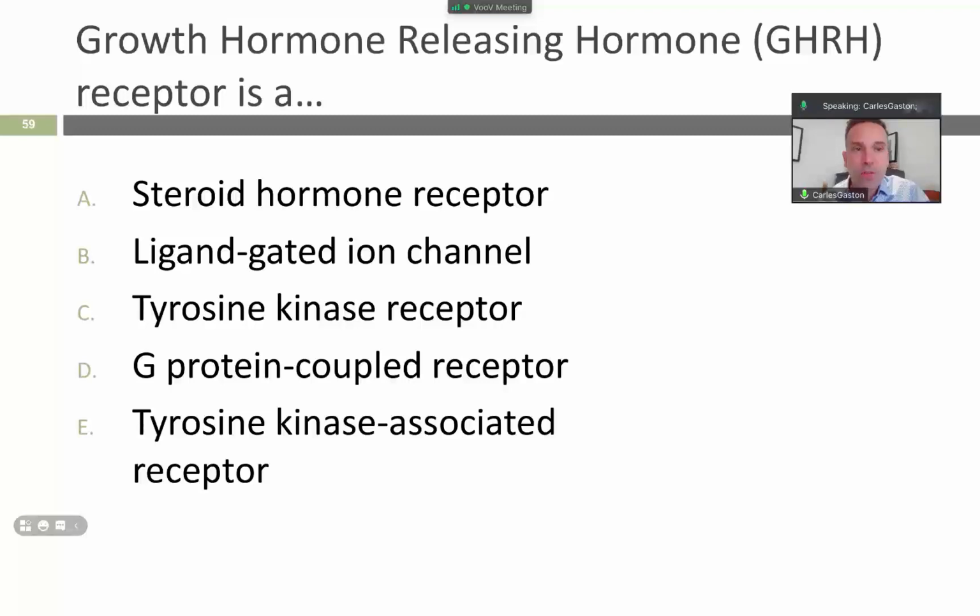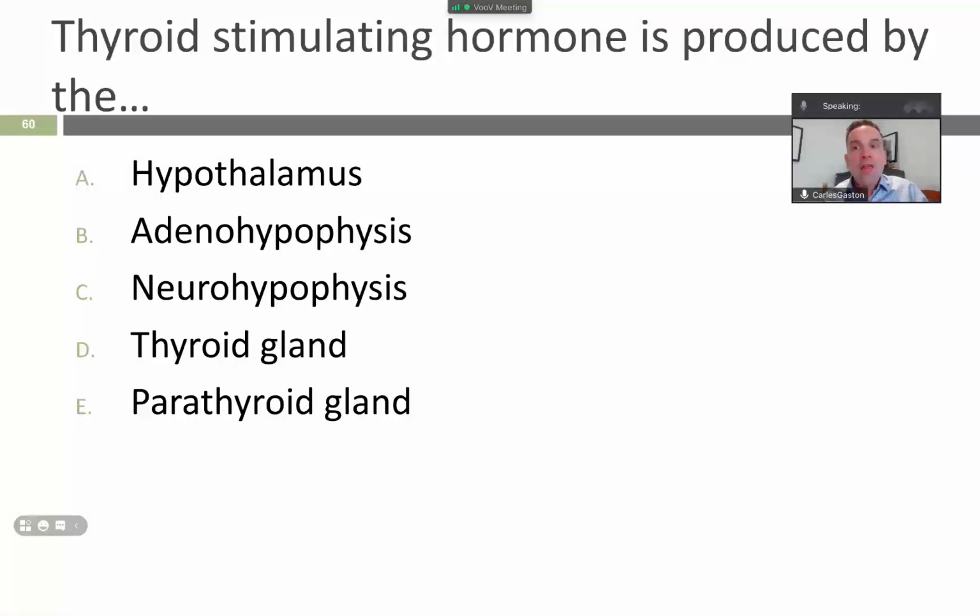Growth hormone releasing hormone receptor is a steroid hormone receptor, ligand-gated ion channel, tyrosine kinase receptor, G protein coupled receptor, or tyrosine kinase associated receptor? Thyroid stimulating hormone is produced by the hypothalamus, adenohypophysis, neurohypophysis, thyroid gland, or parathyroid gland?